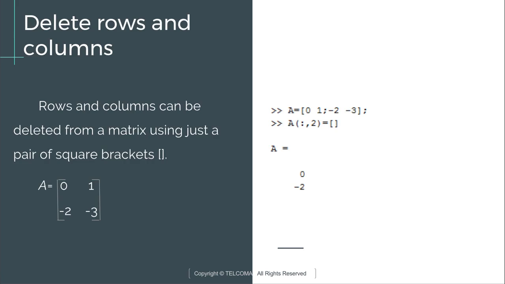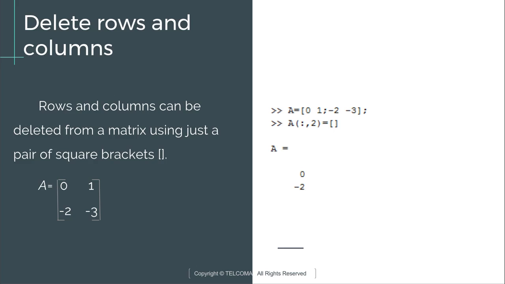Now how to delete a particular row and a column? So rows and columns can be deleted from a matrix by using just a pair of square brackets. Like if you want to delete the second column, just write A and in the row value write colon comma 2, because you want to delete the second column.